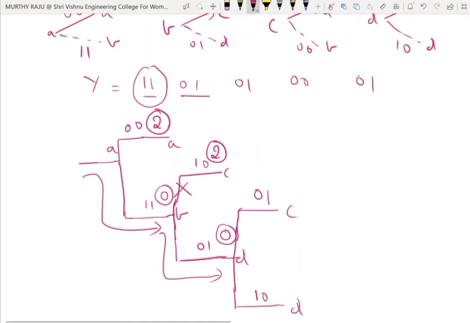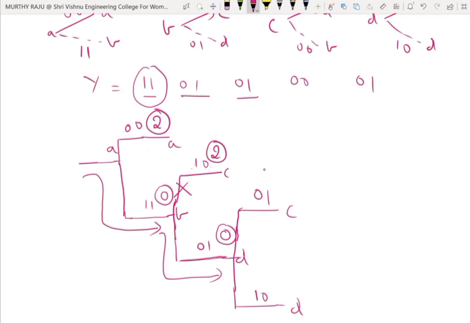Here, the third received code word of length n bits is 0 1.